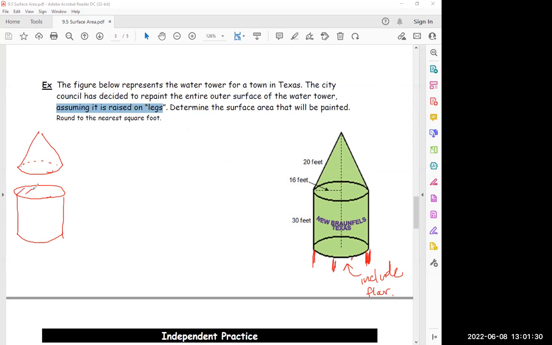The cylinder has a flat surface on the top and a flat surface on the bottom. How many of these circles are you going to include in your painting calculation? Think carefully. Why is that?